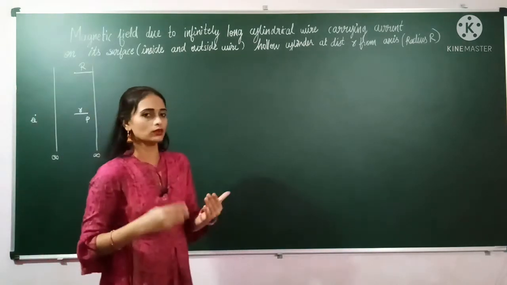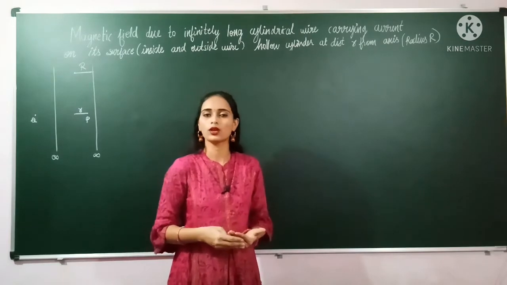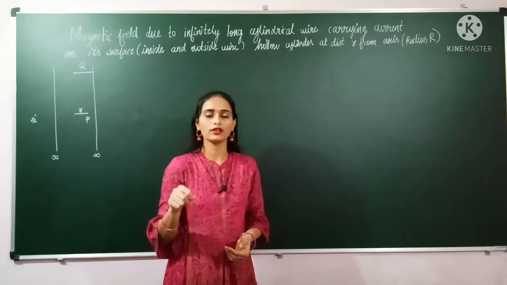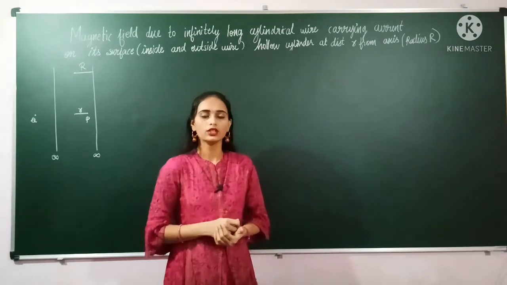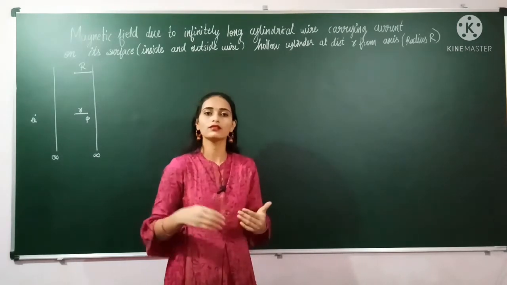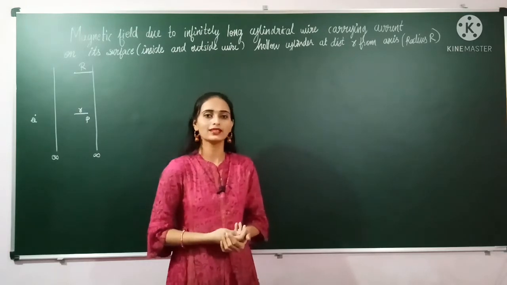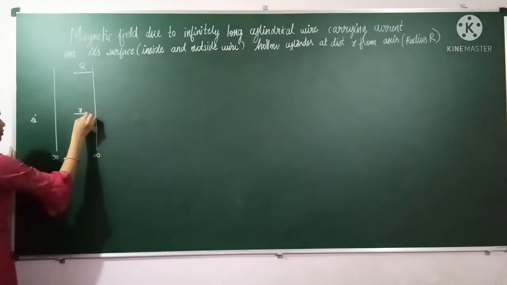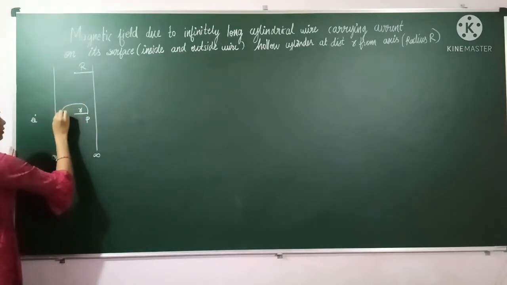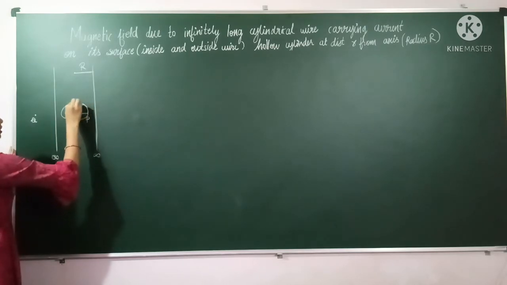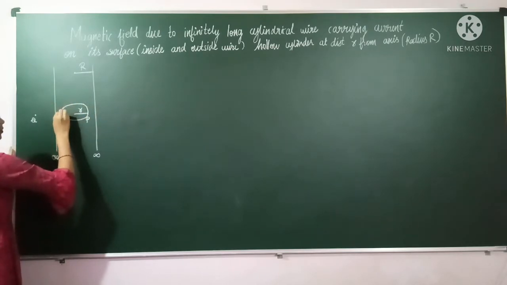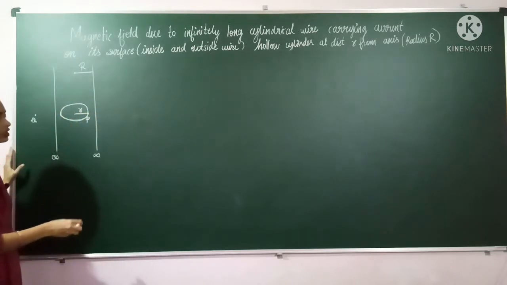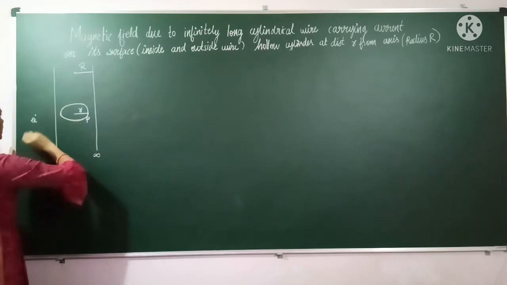When we want to calculate the magnetic field using Ampere's circuital law, we have to draw one closed loop passing through the point where we want to calculate the magnetic field. After we draw that closed loop, we apply Ampere's circuital law and we get the magnetic field. Here I will draw the closed loop which is passing through this point P. This loop is called the Ampere's loop, and it should be drawn in such a way that it is symmetric in nature.